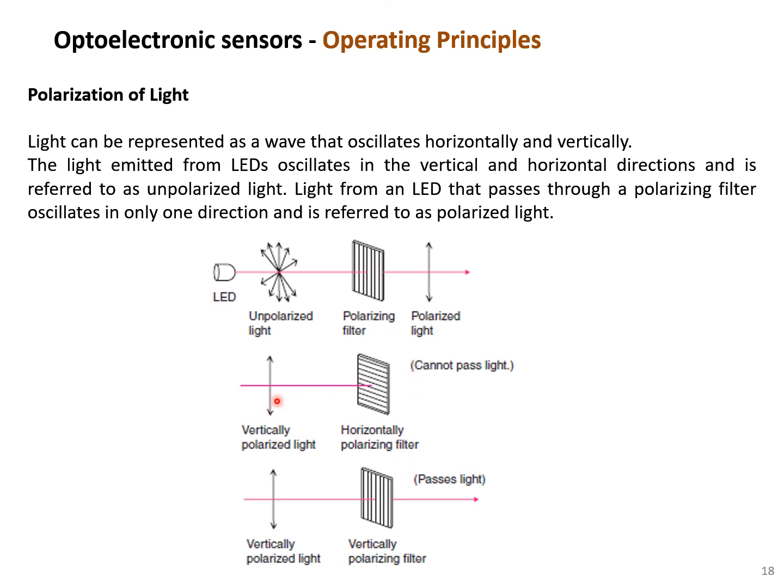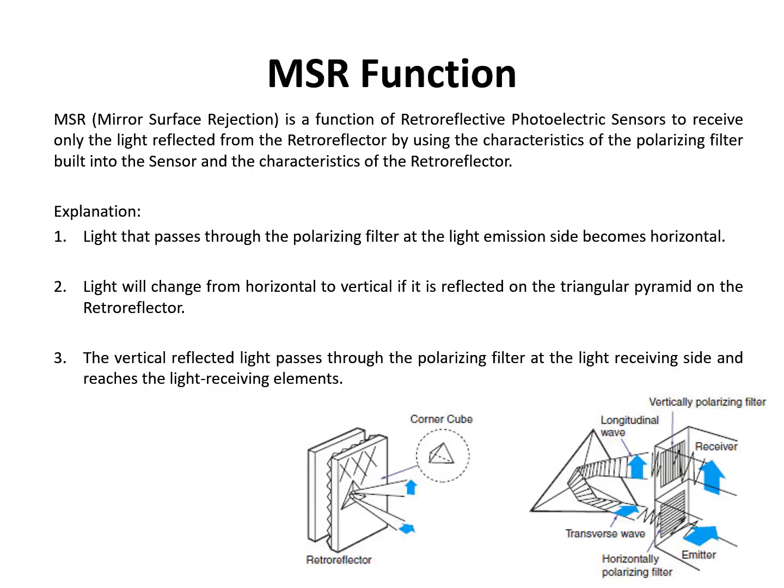That vertically polarized light cannot pass through a horizontally polarizing filter. It can only pass through a vertically polarizing filter. So now that we understand this concept, we will go to the MSR function.